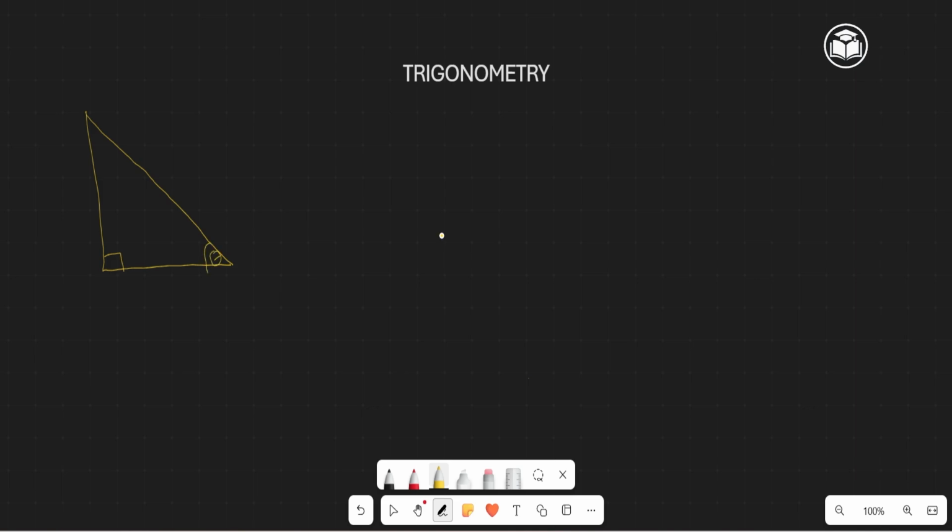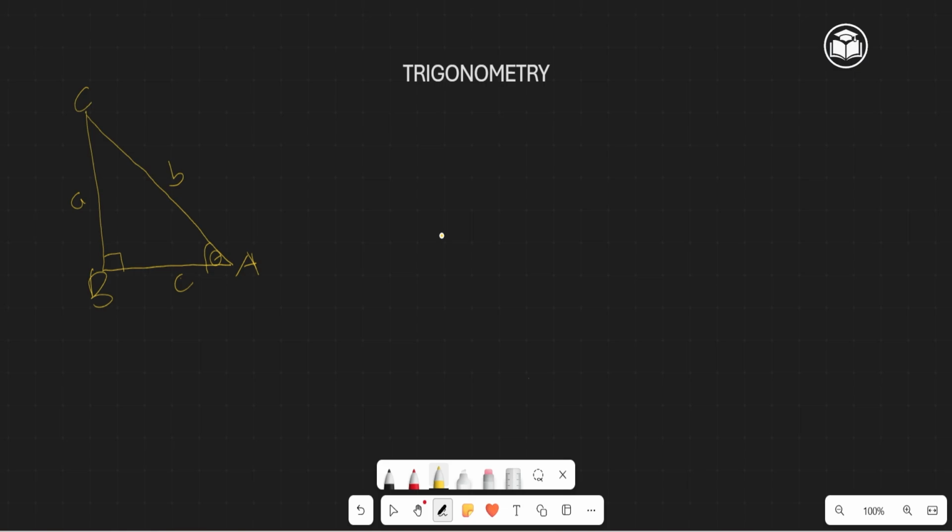Here we have A, and then this is B. This is C. The hypotenuse is A, this one is C, and of course this is B.